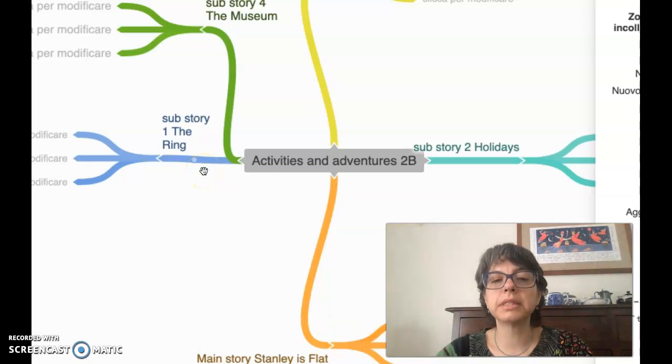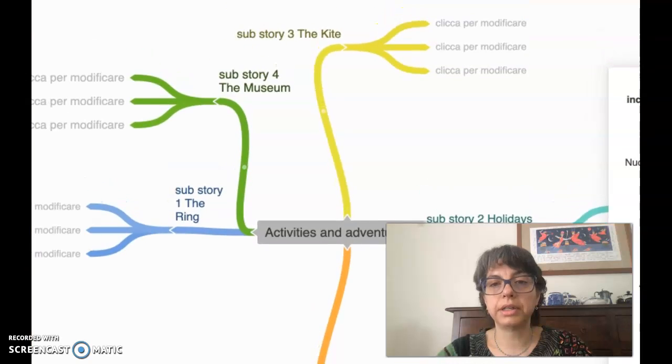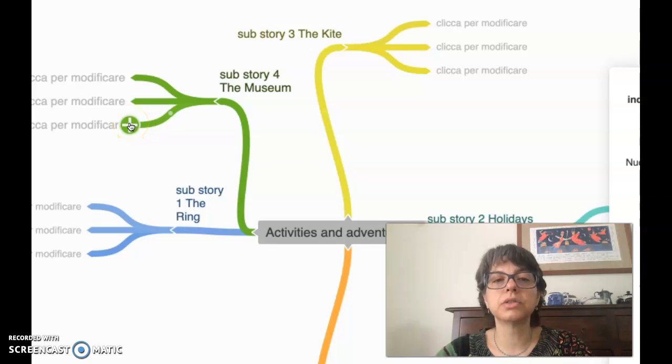Then you have some sub-stories, so stories within a story. The one of the ring, the one at the museum, the one in the park with the kite, and the one about holidays. In all these stories, sub-stories, you have to add the activities that Stanley and his friends do.